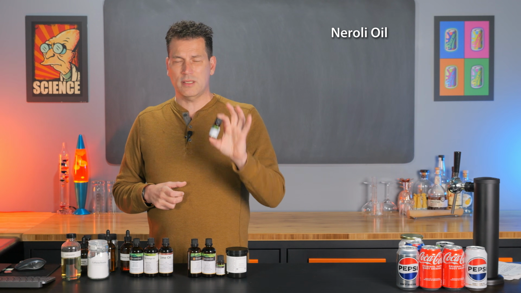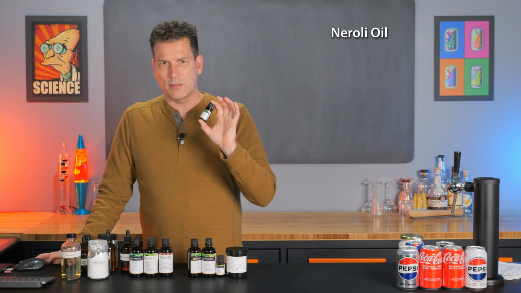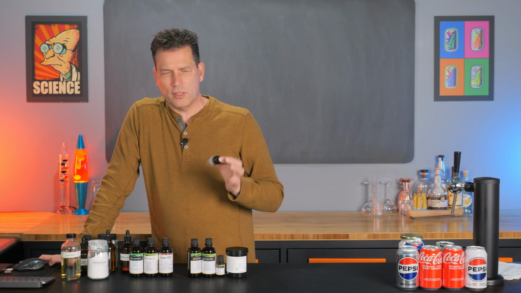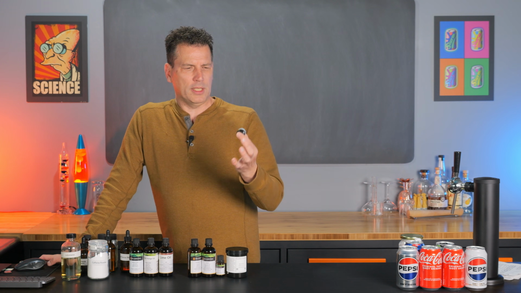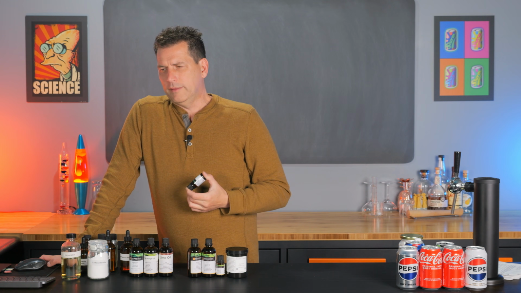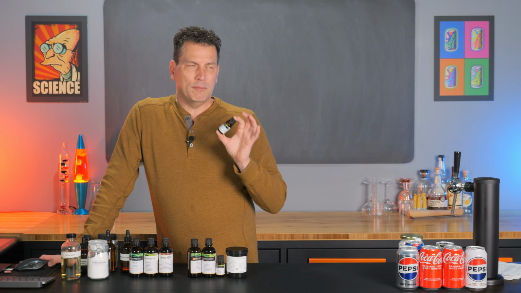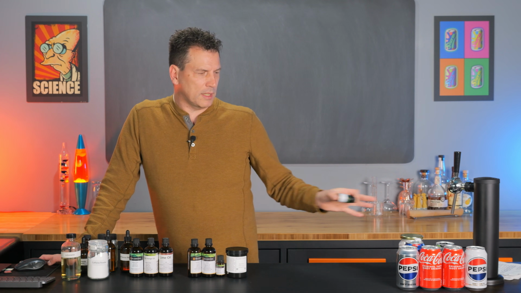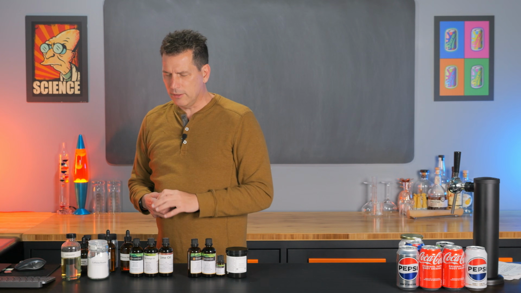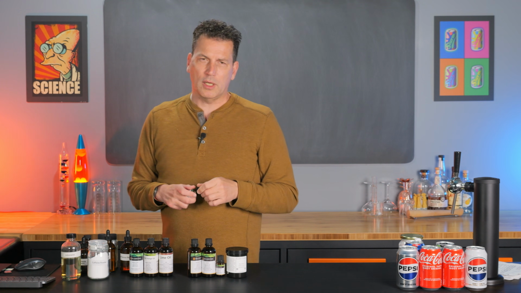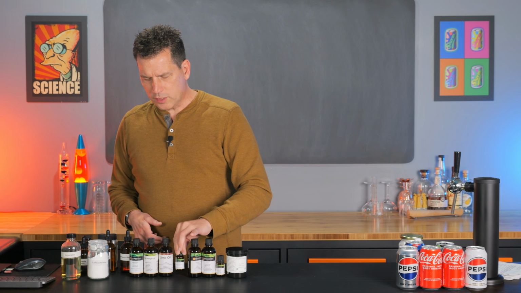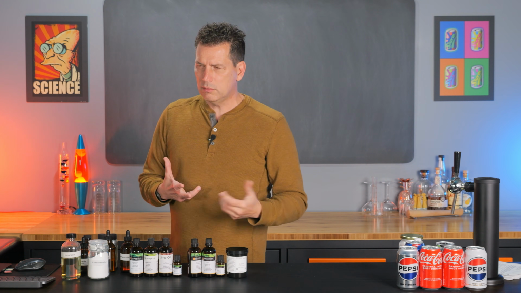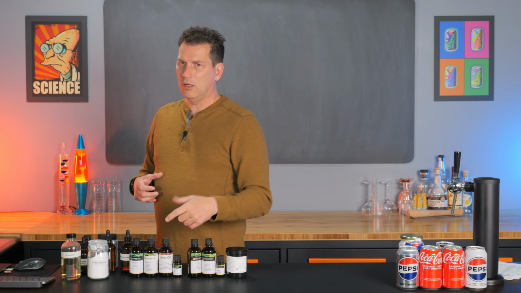Now, another one is neroli. This is a distillate of orange flowers, and it is quite dear in price. I think this little bottle cost me $70 to $80, and it goes a long way. But most of the cola formulas that I've collected over the years have removed a lot of the neroli. You will see some that still use nerol, which is a chemical compound in neroli.